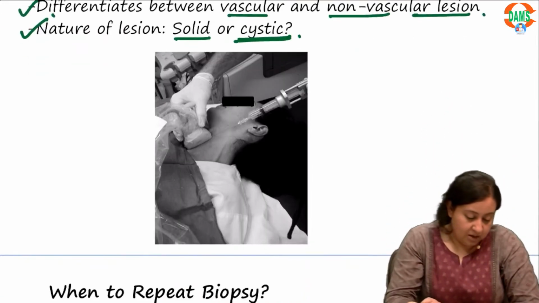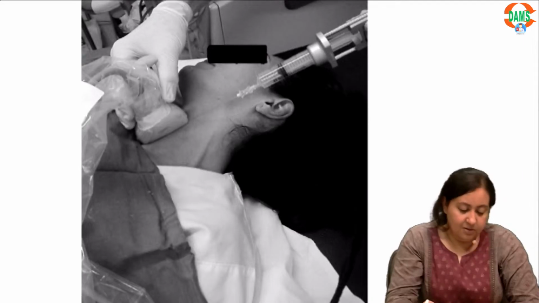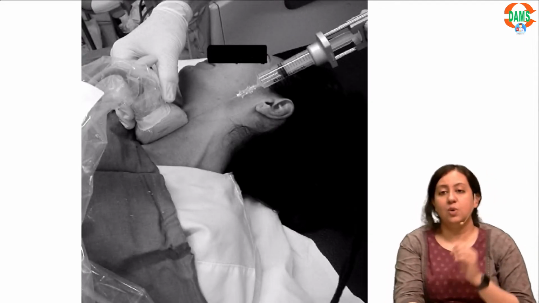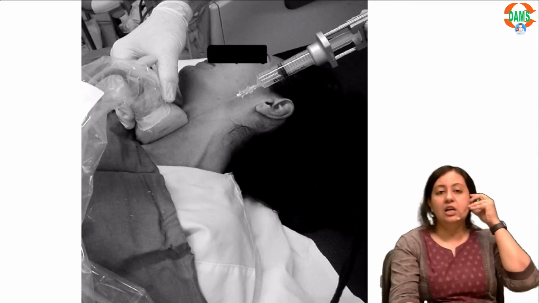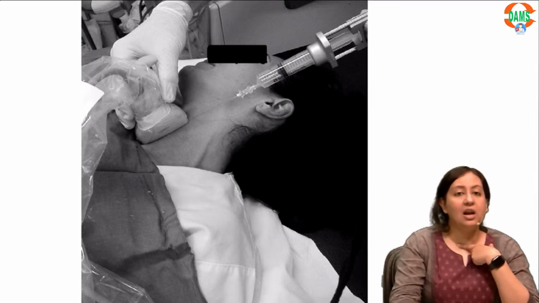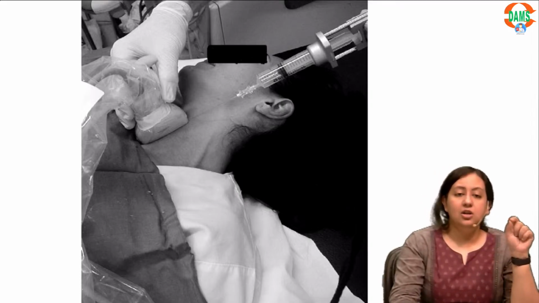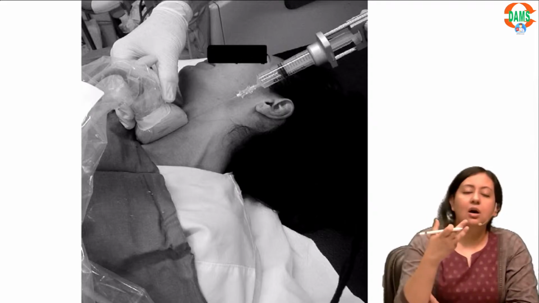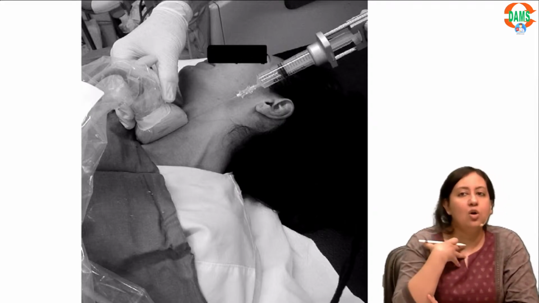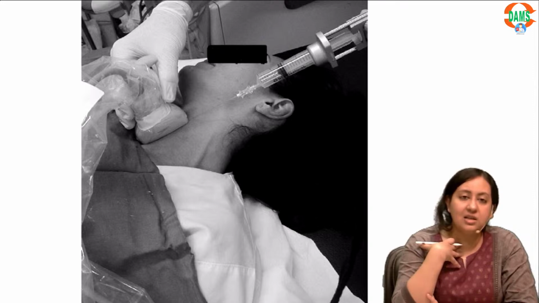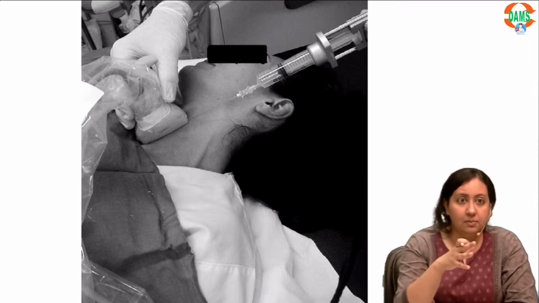Now this is how an FNAC is done for a thyroid swelling. Here you see that a needle is pointed at the thyroid gland. This is done under USG guidance, because just by looking at the patient, you cannot find out where the thyroid exactly is, where to aim your needle.